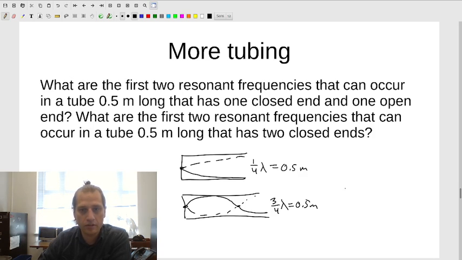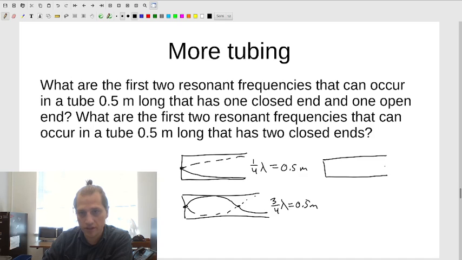And then you could compare that to: what are the first two resonant frequencies that can occur in a tube that's 0.5 meters long and has two closed ends? Okay, if you have two closed ends, then you would have a node at either end, and you could set up this wave, or you could set up that wave.